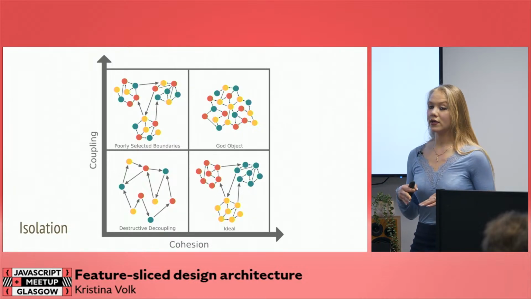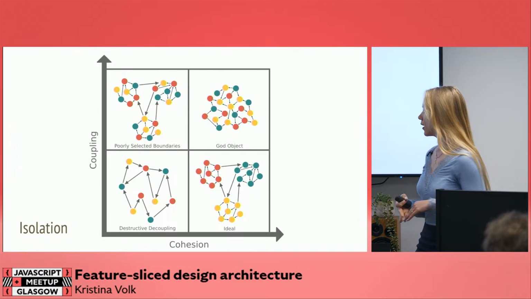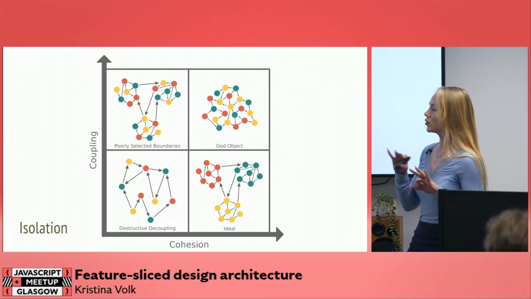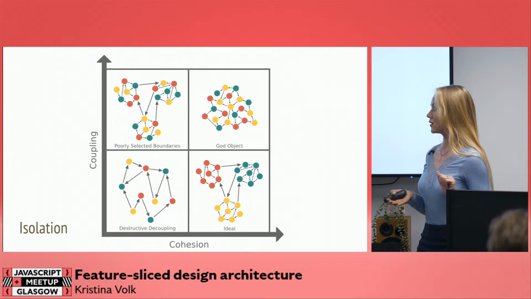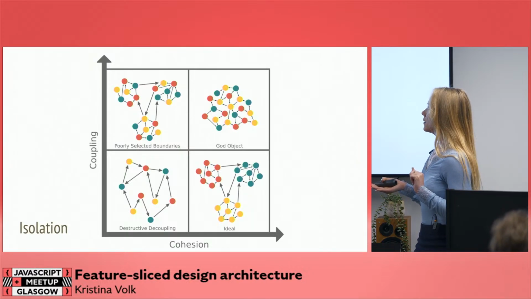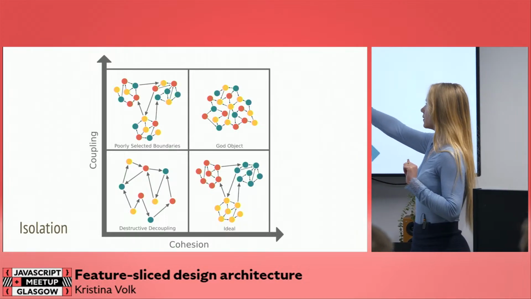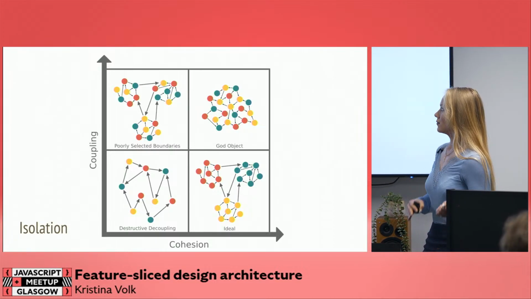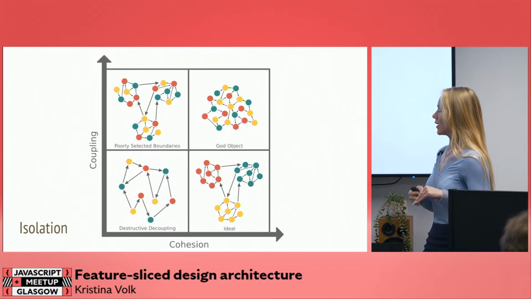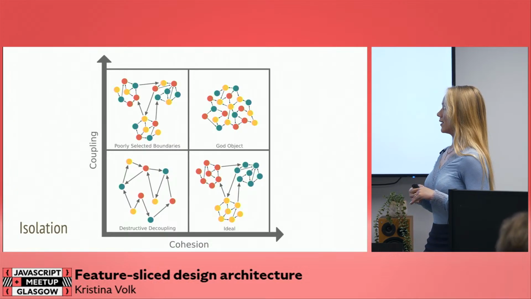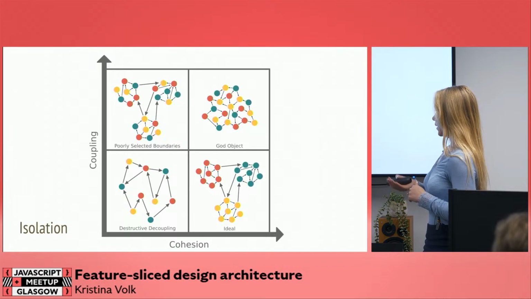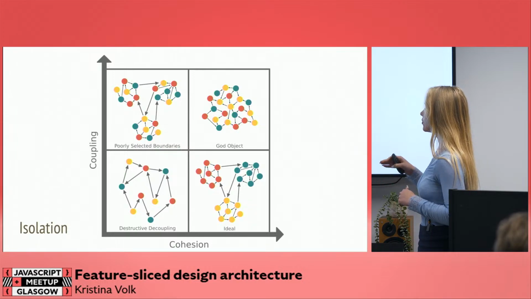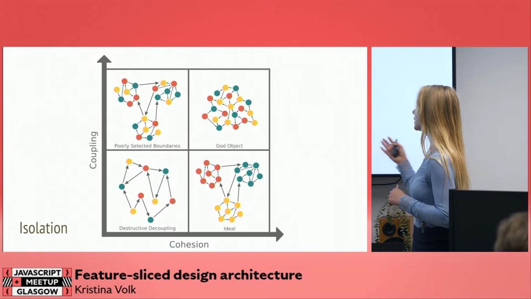If we're really obsessed with decomposition, then we can end up with this picture where our modules are very abstract and scattered across the application. This is an undesired option because again, the modules are very tangled. They're very connected in a tangible way, and they are not executing their task well. And we are trying to achieve something which is here. So this is what I'm talking about: low coupling and high cohesion.